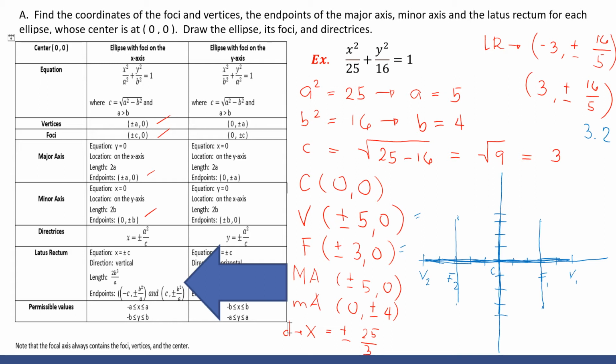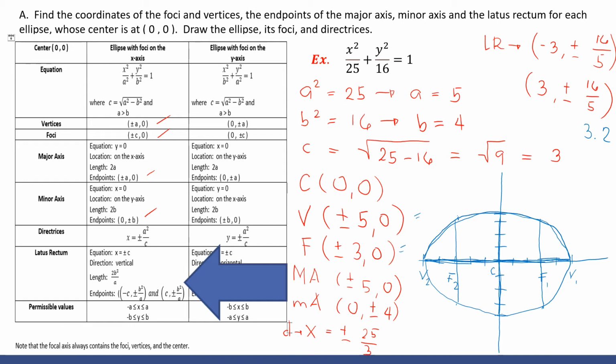And then, with this, draw your ellipse. So, from the vertex, draw a smooth curve na kung saan ito na dapat nag-pass through doon sa endpoints ng iyong vertices. And then, dun sa endpoints ng ating lattice rectum, syempre pa, yan. So, ito halos ang ating ellipse.